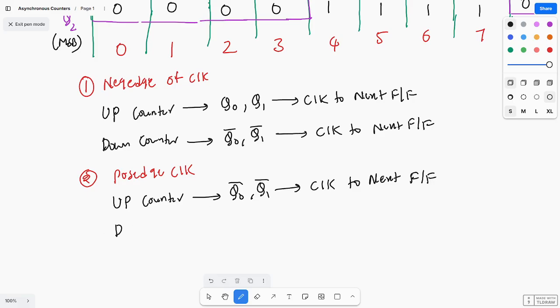And if it is a down counter, Q naught and Q1 should act as a clock to the next flip-flop. So that means you need to come from the basics. Suppose you understand the operation of the 2-bit asynchronous counter, which I explained yesterday.